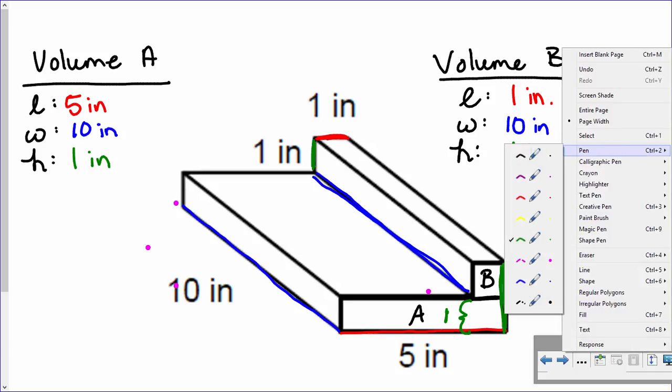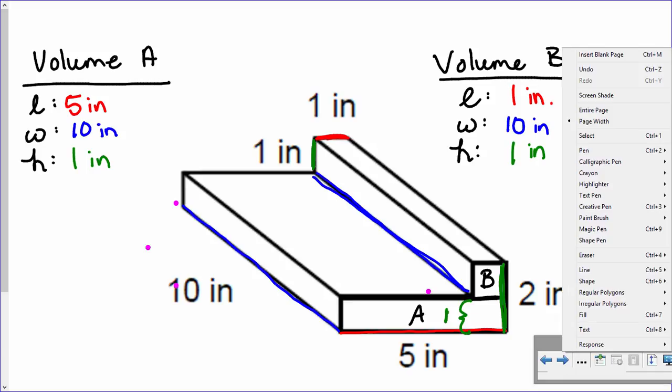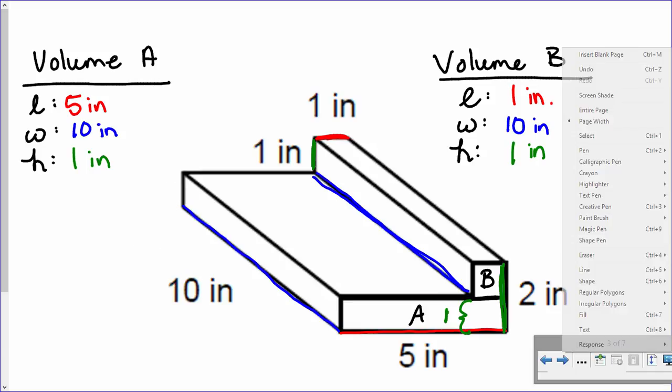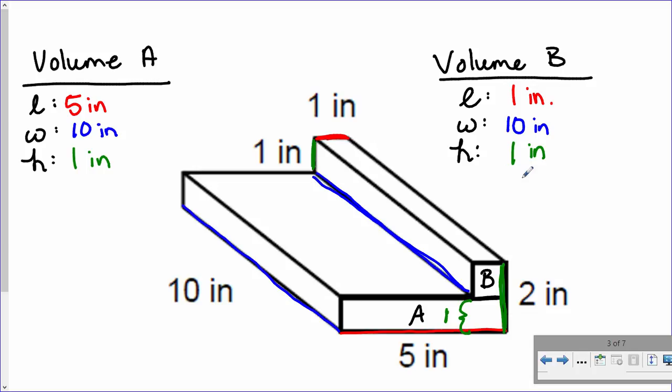Now what I need to do is find out what the volume is. So again, we're applying that volume formula, which is length times width times height.